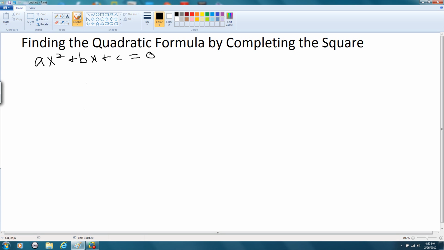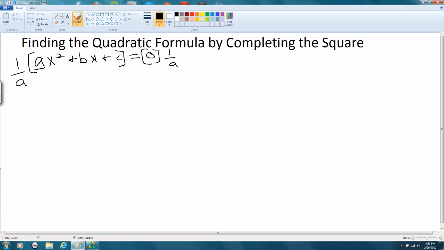So we get some pretty messy math here sometimes, but it's just mechanics really. So what I'm going to do is multiply both sides by 1 over a. And the reason I do that, you may recall, is that the coefficient in the ax squared term needs to be 1.